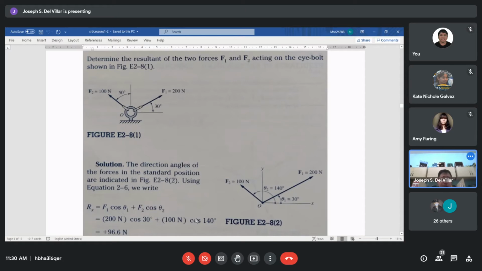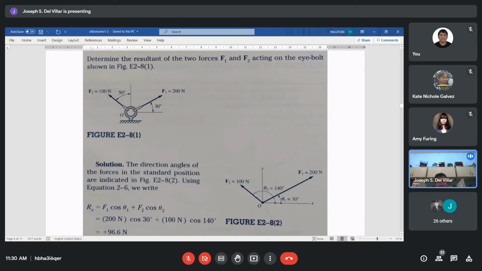Okay? So to get the resultant, get first the components. So 200 cosine 30, okay, minus 100 sine of 50, kung 50 gagamitin. Okay? So 200 cosine 30 minus 100 sine ng 50. Okay? Why minus?